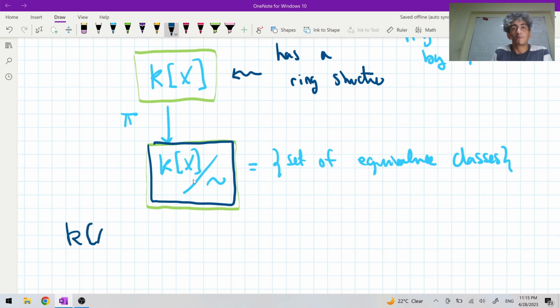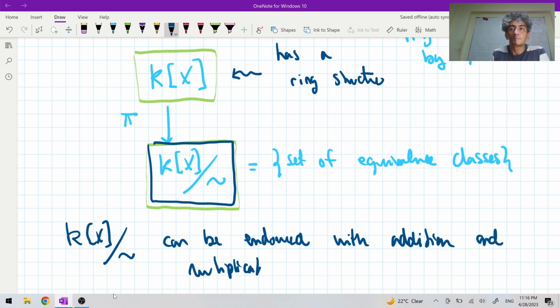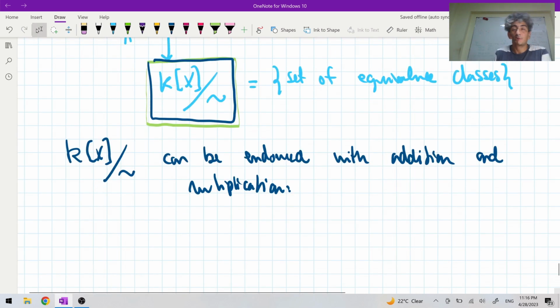k of x over the relation can be endowed with addition and multiplication in the only way possible that we can imagine. Okay, so how do we add the class of h and the class of g?